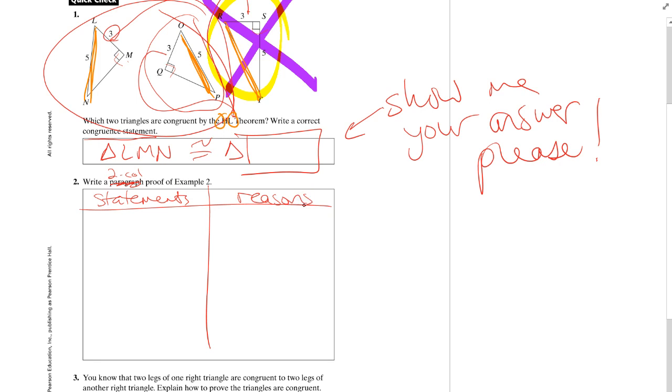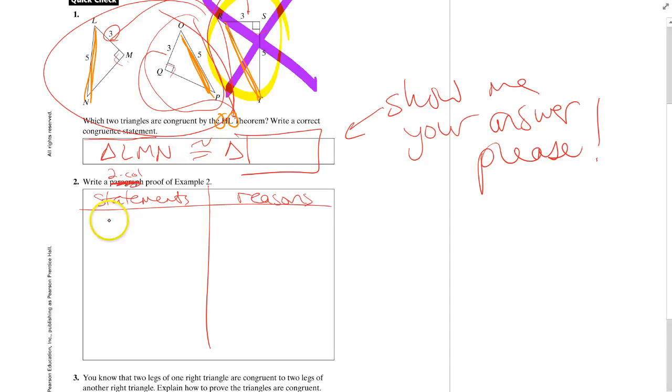So first, since we have example 2, which is on the previous page, 86, we needed to sort of rewrite their flow proof as a paragraph proof, but I want you to rewrite it as a 2-column proof. So we usually start with givens, and that's exactly where we're going to start here. So if you have these 2 pages, you can refer to the other side. I can't flip back and forth quite so easily.